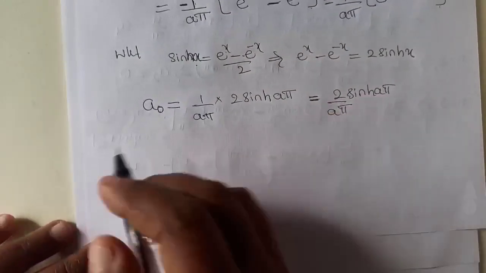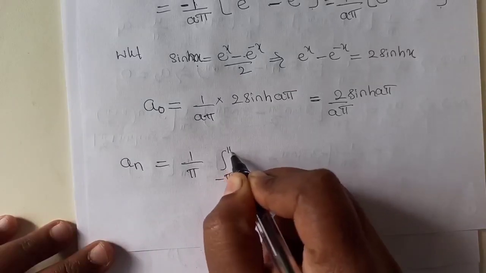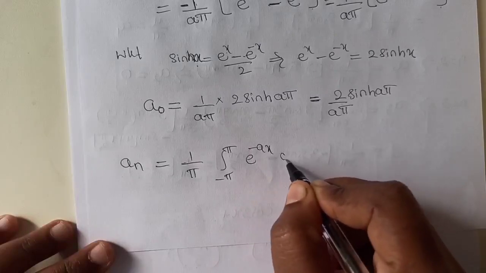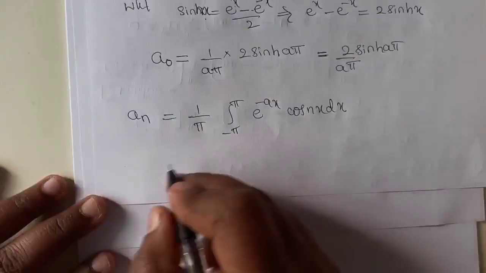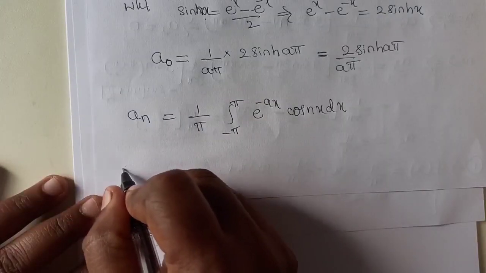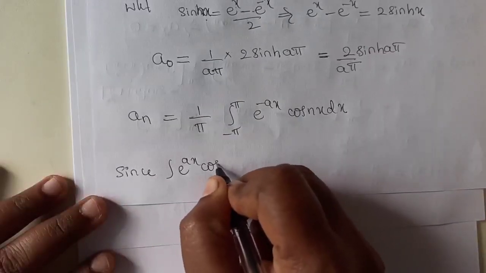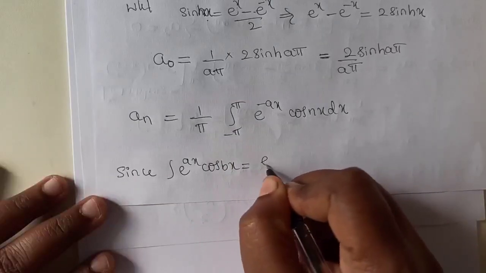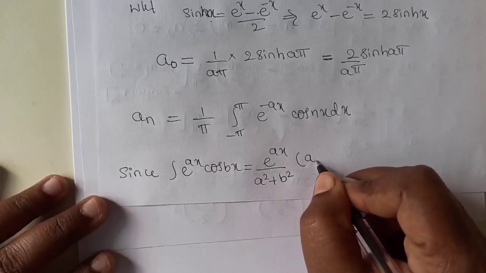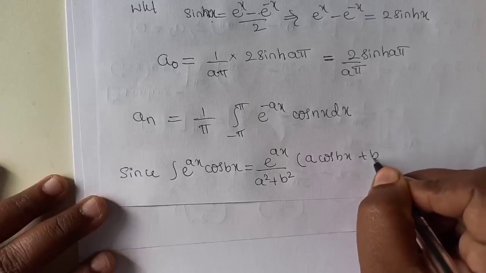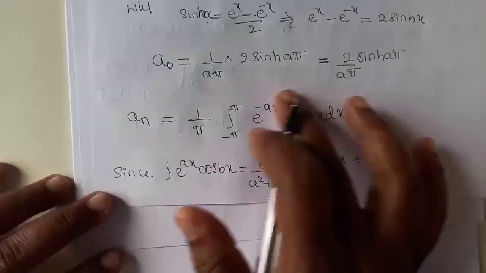Now we compute the aₙ value. aₙ = 1/π ∫ from −π to π of e^(−ax) cos nx dx. We know the formula for the integral of e^(ax) cos bx, which is e^(ax)/(a² + b²) times (a cos bx + b sin bx). By using this formula, this can be easily integrated.